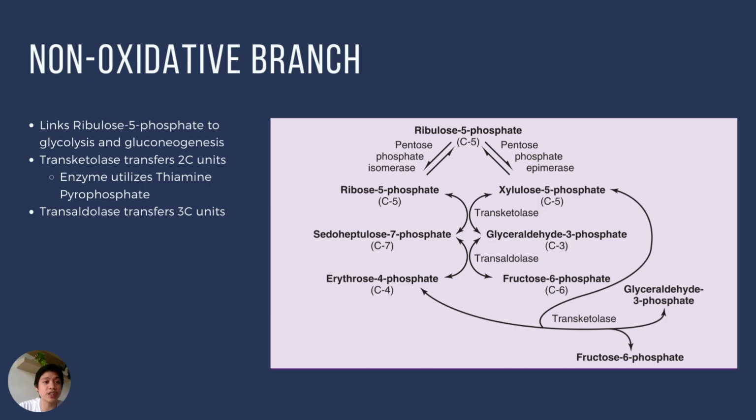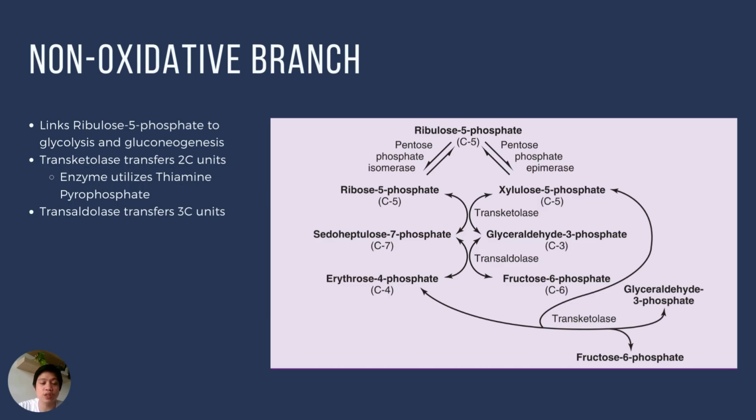We have two important enzymes in the non-oxidative branch. Transketolase is an enzyme that transfers 2 carbon units, and transaldolase transfers 3 carbon units. Transketolase, which transfers 2 carbon units, utilizes for its function vitamin B1 or thiamine pyrophosphate.